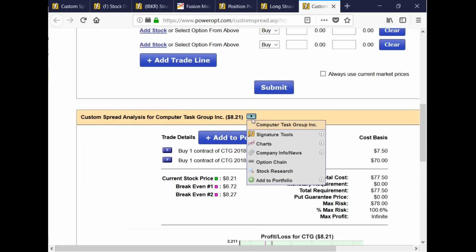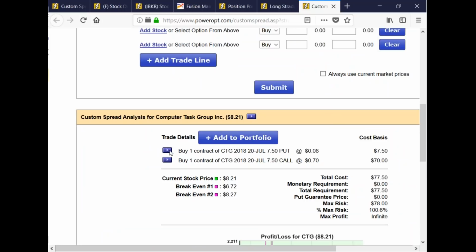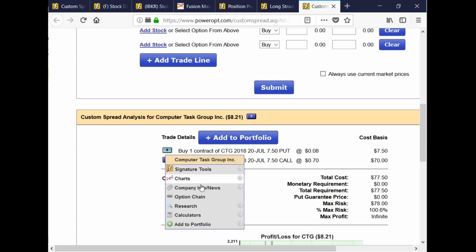This might not be the best example, Bill, but when I'm doing that, that's how I'll take into account a volatility shift. Now, as we did before, when I have my options on the option chain, or here in the custom spread tool, I could go to calculators and I can go to the Black-Scholes and see what the values would be for changes in volatility. But we don't have an IV calculator where you plug in the numbers and then it shows you what the IV would be.